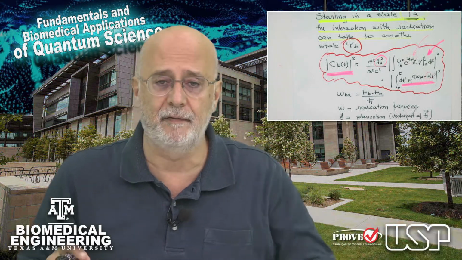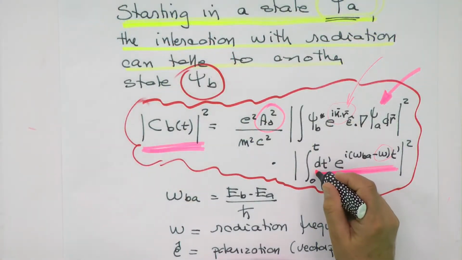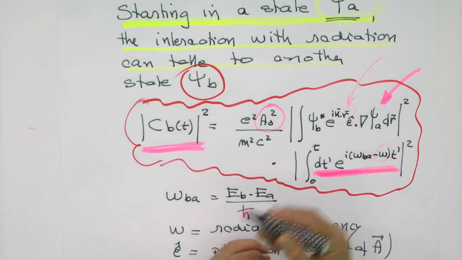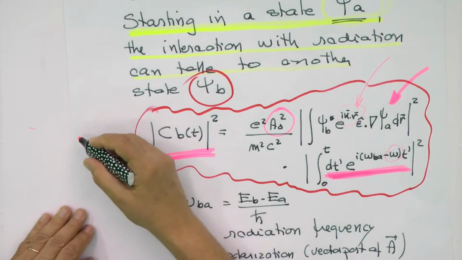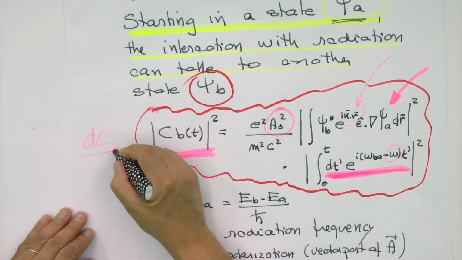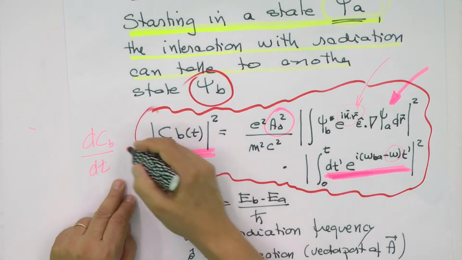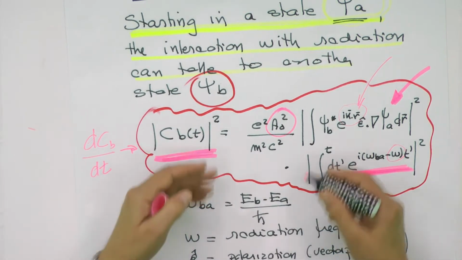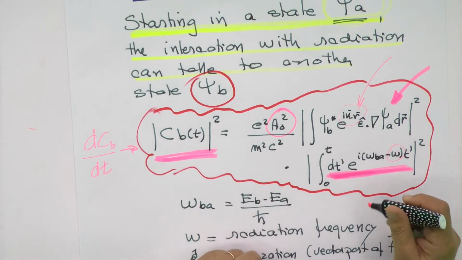That's the A vector for the radiation. So this is not a hard thing, it's very straightforward. Once we get dC_B/dt, that's how we're going to get to that equation. We make an integral and then I just square, because I took the modulus and squared.